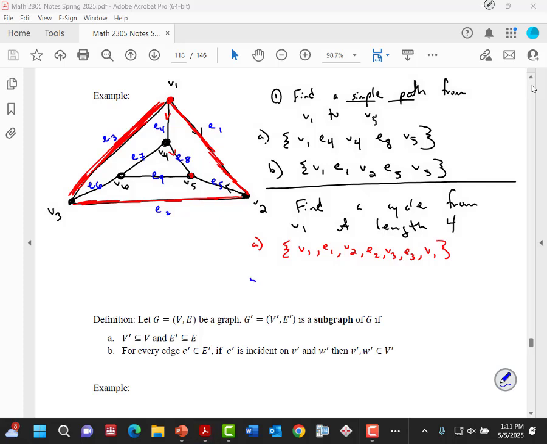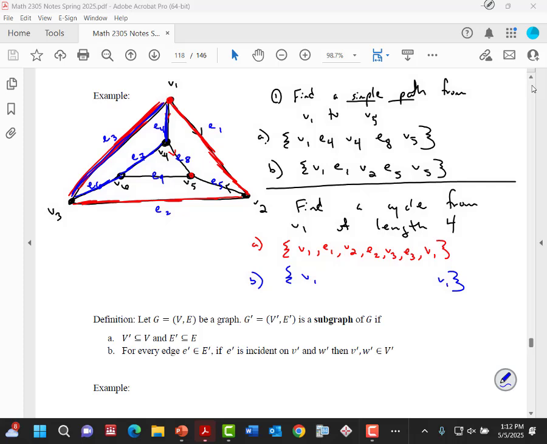I'll do a different one. Start at V1, end at V1. What if I went like so? Here to here to here to here. Well, what is that cycle?